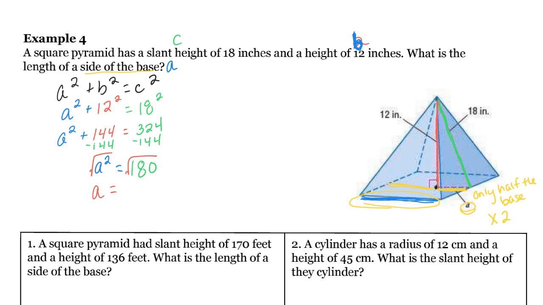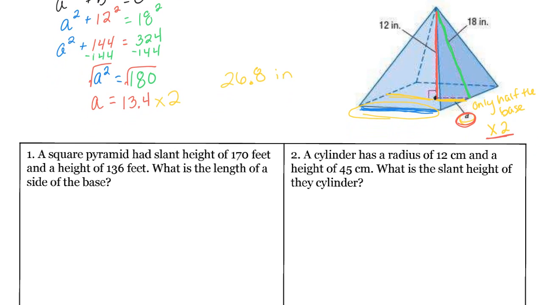And we get A is equal to 13.4. Again, that's just our A value. So we have to multiply that by 2. Times that by 2 to get the base. So what is 13.4 times 2? 13.4 times 2 is 26.8 inches. All right, so that was a lot of work.